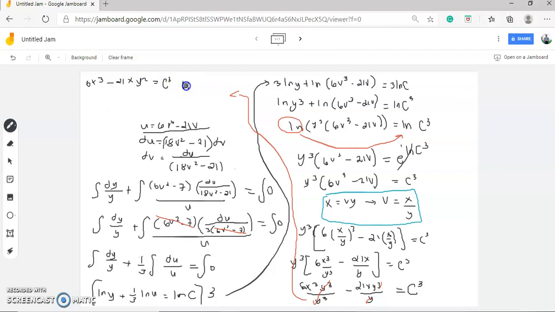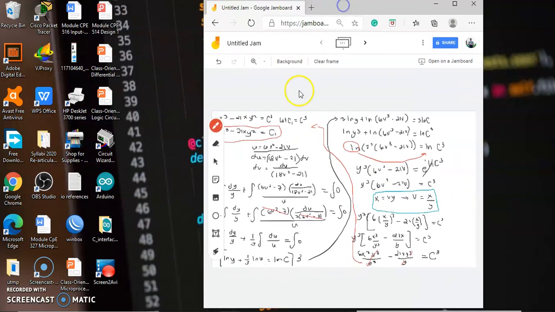So we'll just let c sub 1 be equal to c cube. So now we have 6x cube minus 21x y squared equals c sub 1. Hopefully, our answer is the same. Check na to. Try to check.